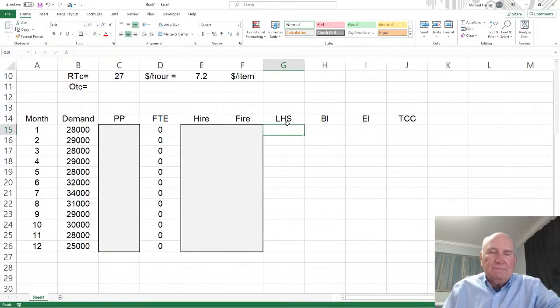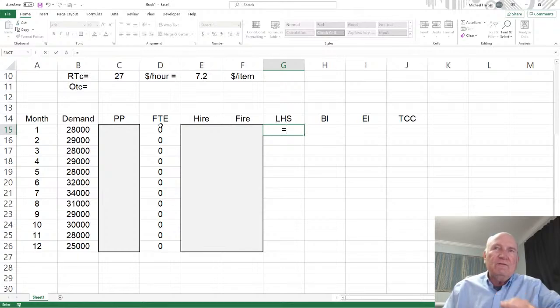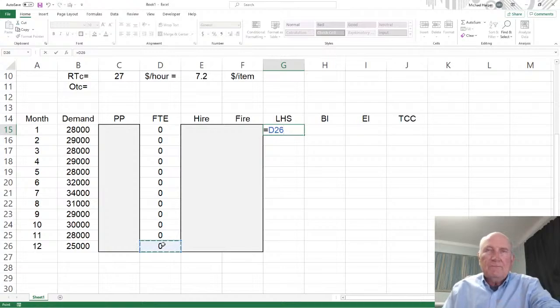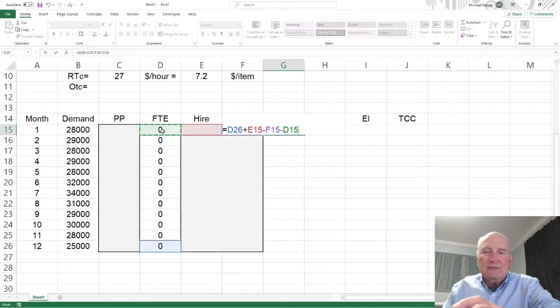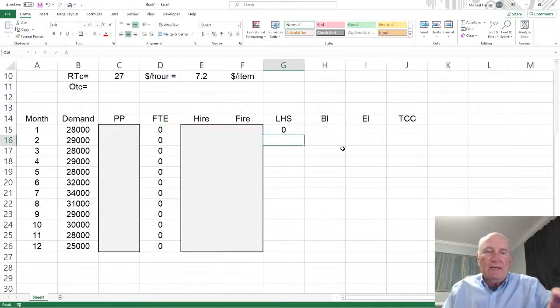In the left-hand side, that equals the FTE in the previous time period, which would be this one, okay, plus what we're hiring minus what we're firing, and I can put this here and then arrow it up, minus my FTEs. We'll do it again.